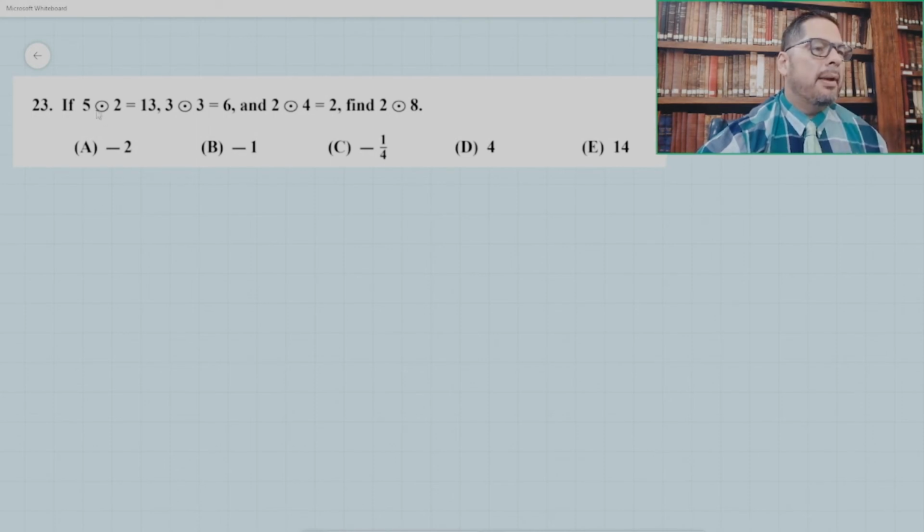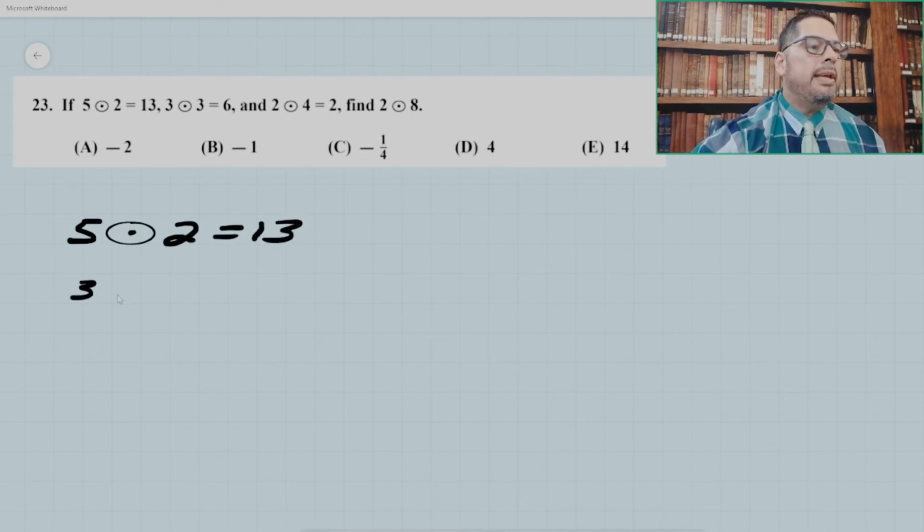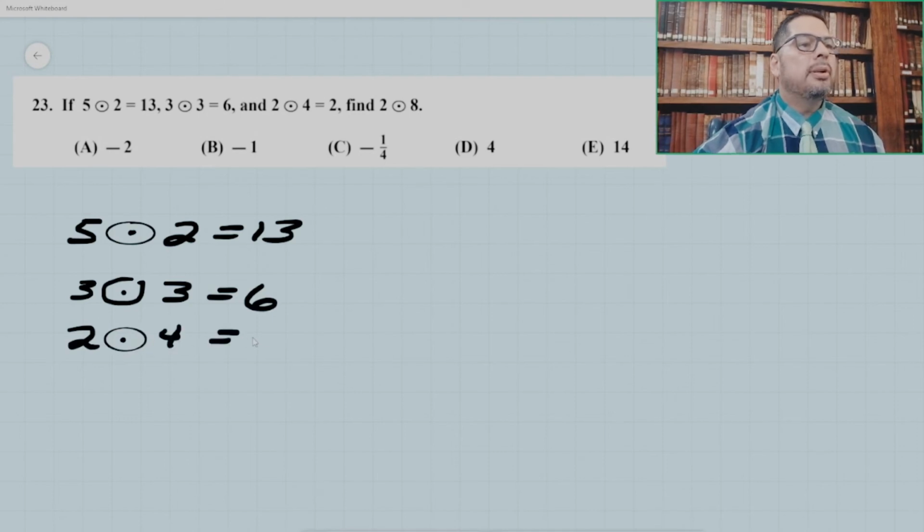So they have 5 circle dot 2 is equal to 13, 3 circle dot 3 is equal to 6, 2 circle dot 4 is equal to 2. What is 2 circle dot 8 equal to?